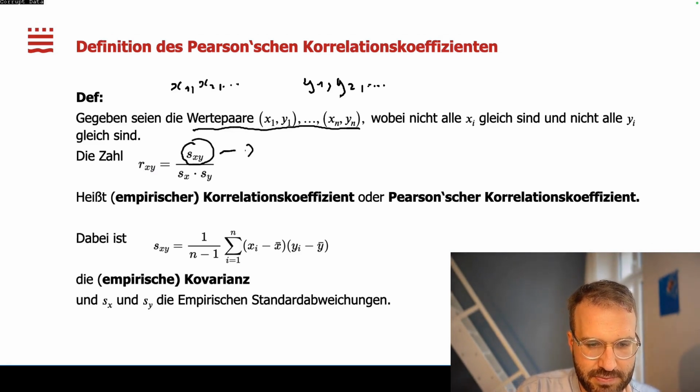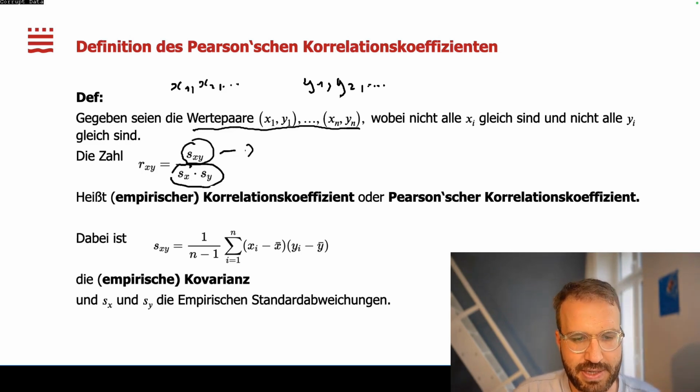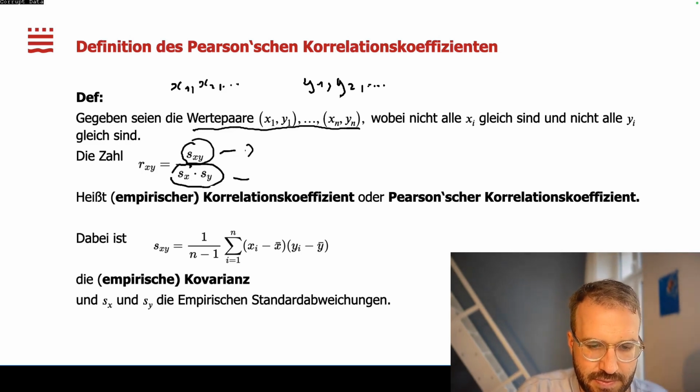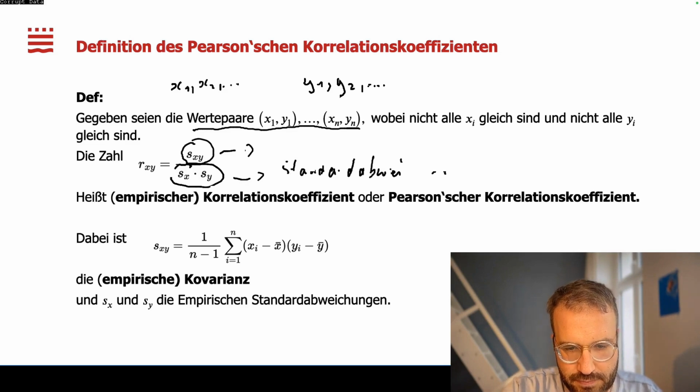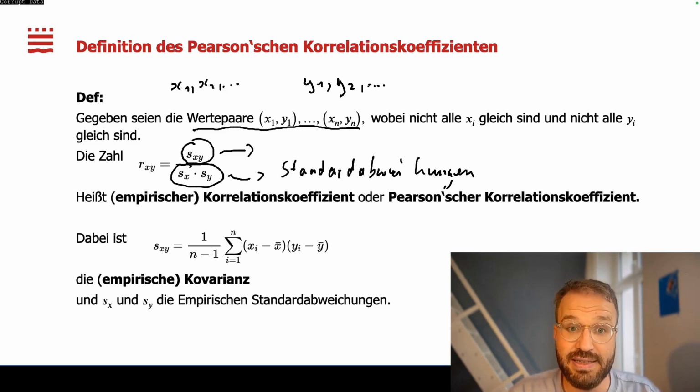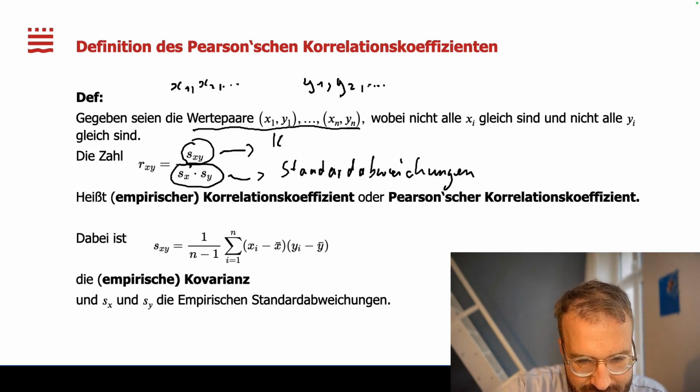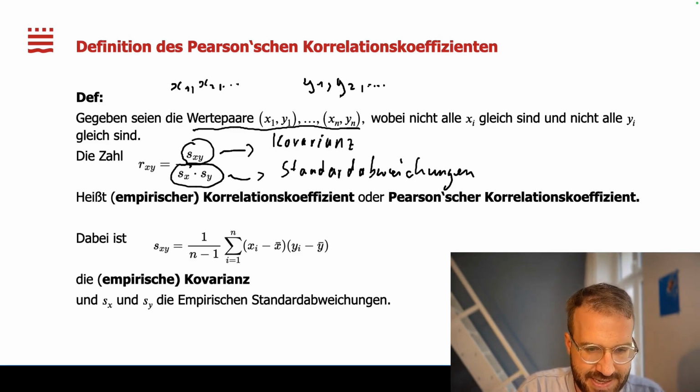This one here and this one here. The denominator, we already know that. It is simply the standard deviations. And the numerator, we don't know that yet, that's the covariance. I'll write it down. And we want to take a look at that in the next step.